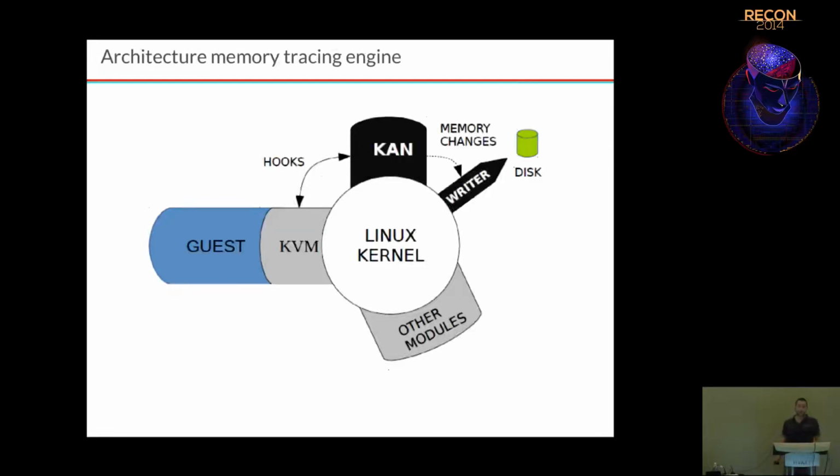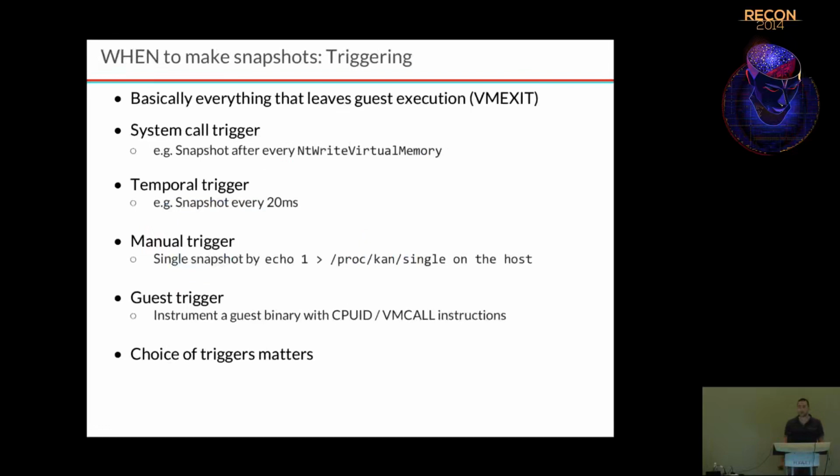So now there are two questions: when we make snapshots and how we make snapshots. For the when, the triggering. Because KVM uses hardware virtualization capabilities of modern CPUs, we cannot easily intercept the execution of the running guest. So in order to do that, we need to wait until the guest execution pauses and gives back control to the hypervisor.